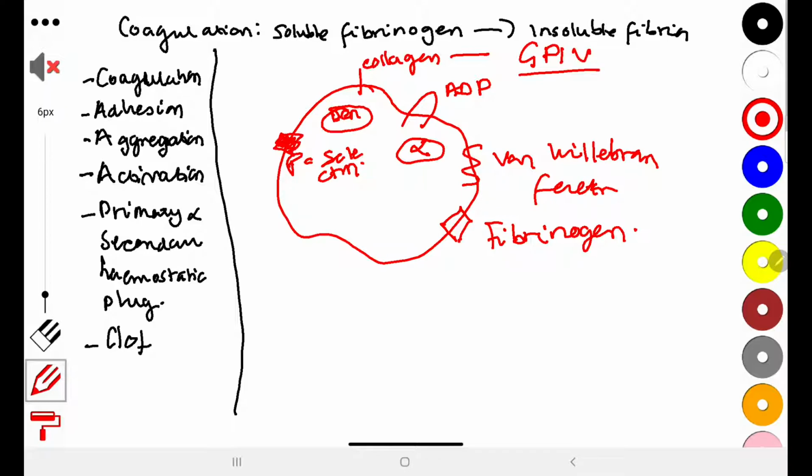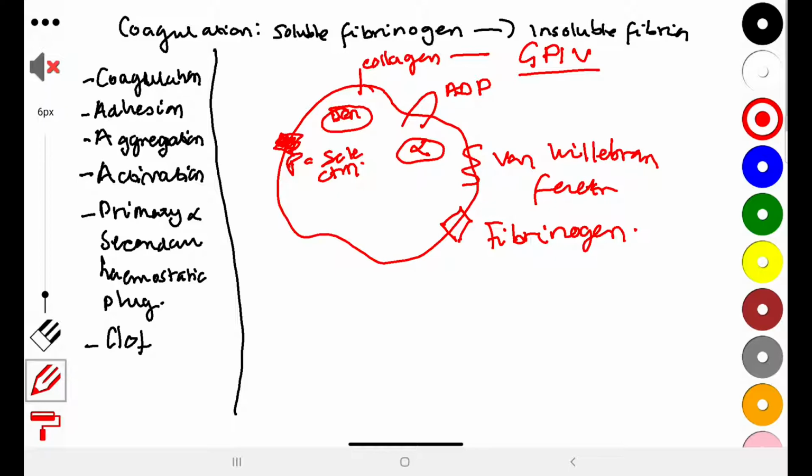All right. So let's go through some of the mechanisms and use some of these factors. I would want to emphasize right now that aside from the dense granules with non-protein substances like serotonin, we also have another type of granules, which are the alpha granules.